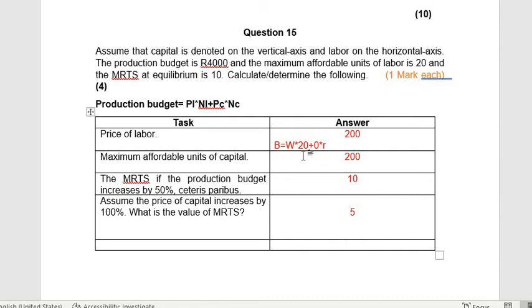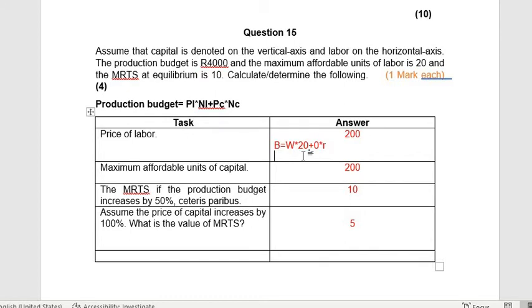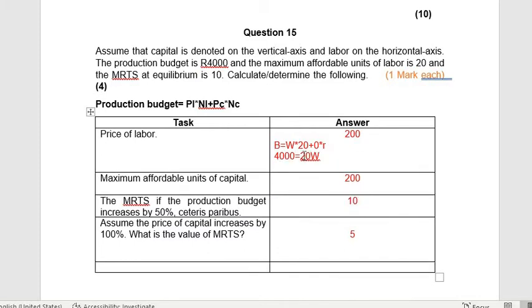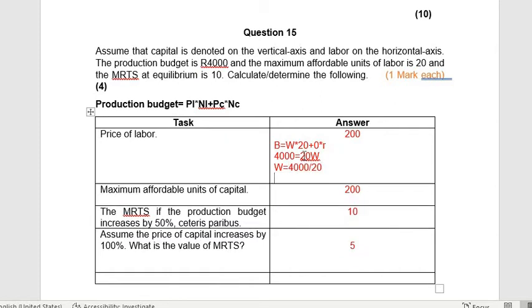We all know that that's going to be 0 on that other side, and your budget was given to you as 4,000. So 4,000 equals 20 multiplied by the wage, and then you just divide by 20 to get the price of labor. 4,000 divided by 20 gives you the answer, which is 200.